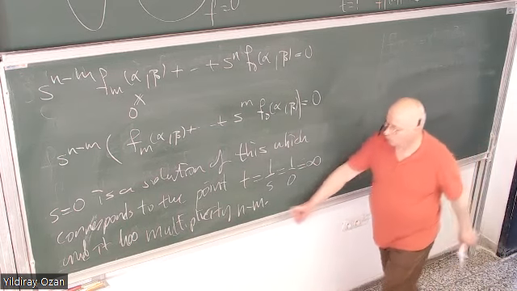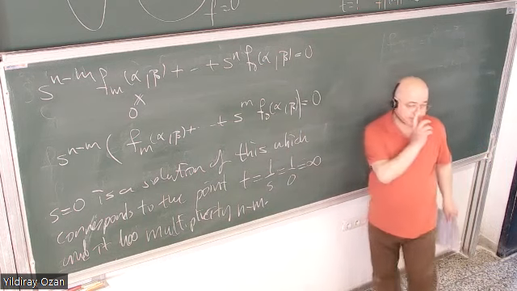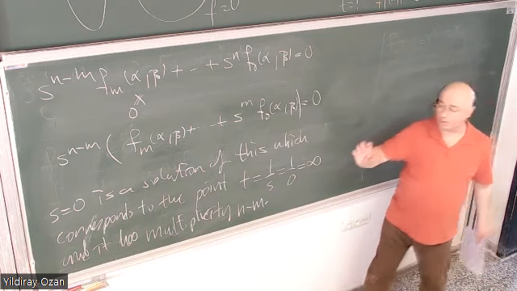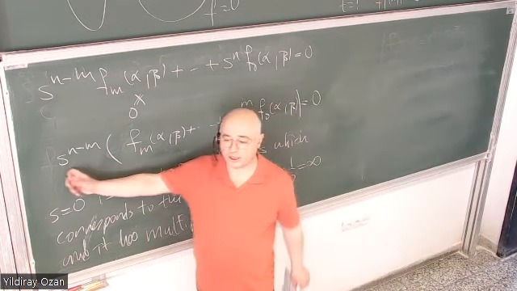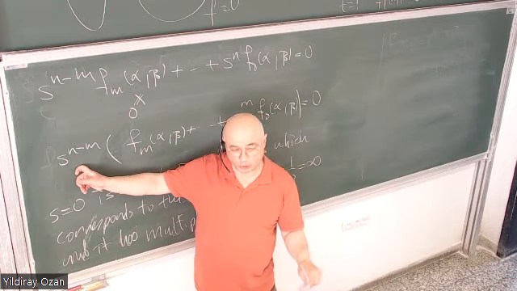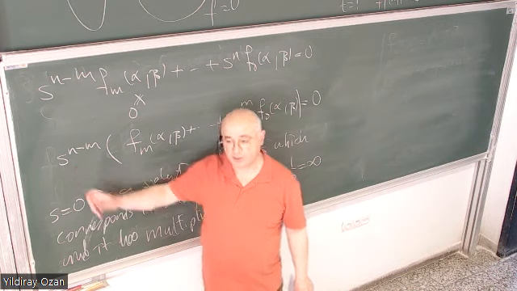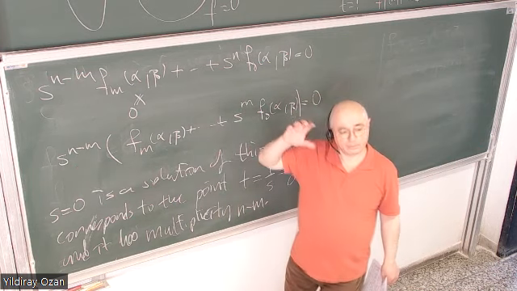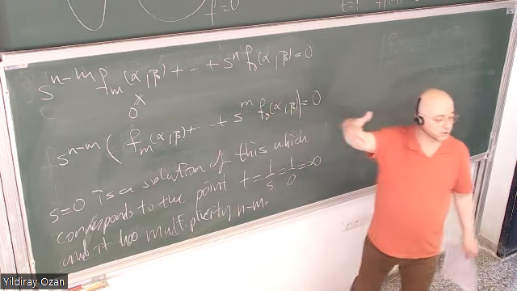Dolayısıyla işte o eksik olan n eksi m tane çözüm sonsuza gitti. Bu denklemin s eşittir 0 bir çözümü, s eşittir 0'da bizim sonsuzdaki noktamıza denk geliyor.